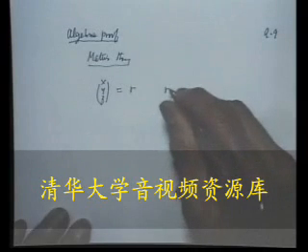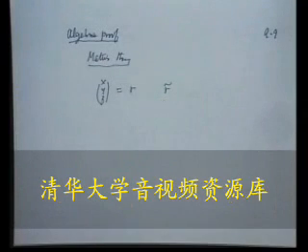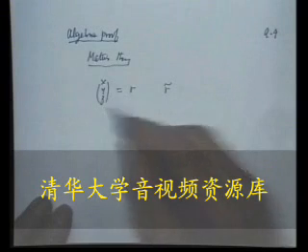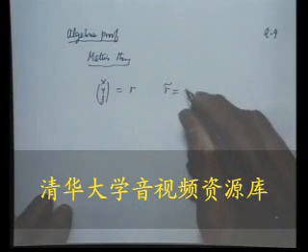And I have R tilde. Tilde turns the column into a row.